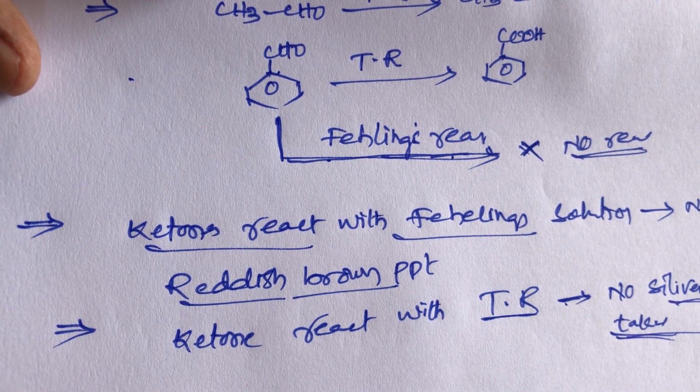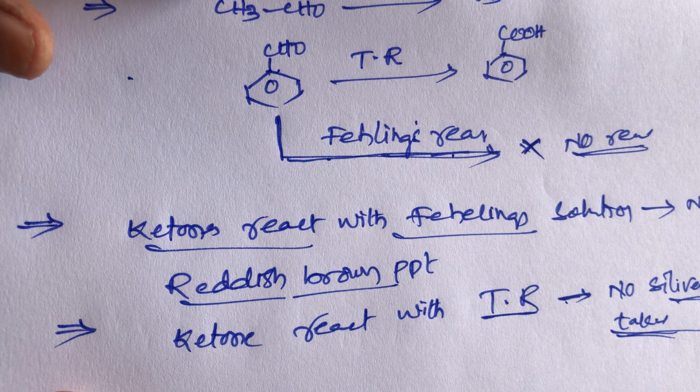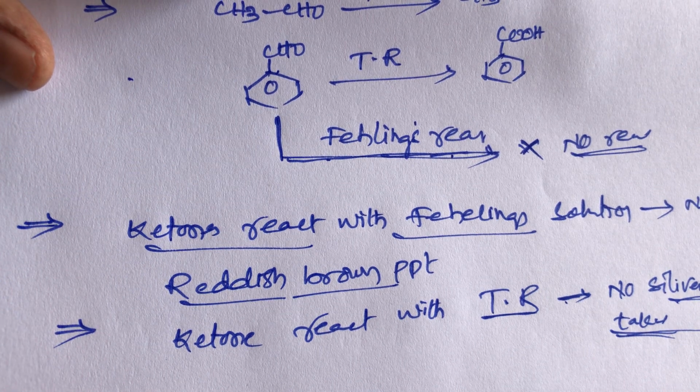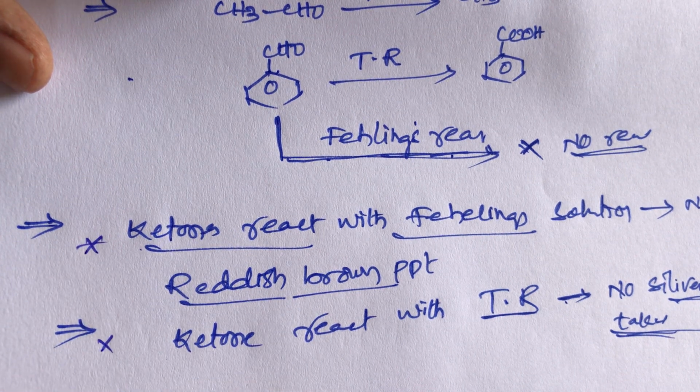There is no silver mirror test. Ketones do not give a positive Tollens test. And ketones also do not give a positive Fehling's test. This is the simple trick.